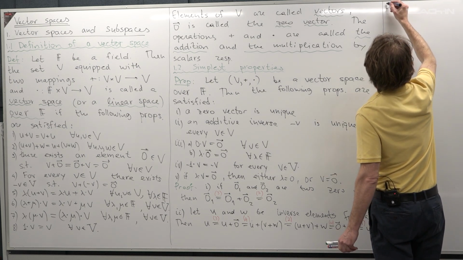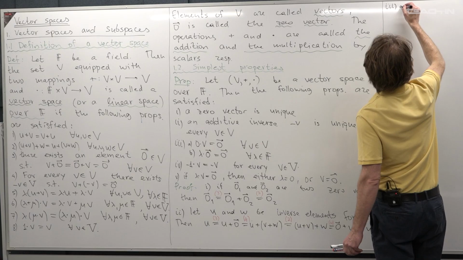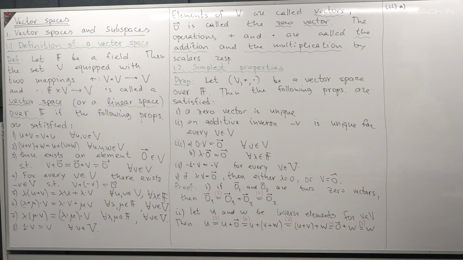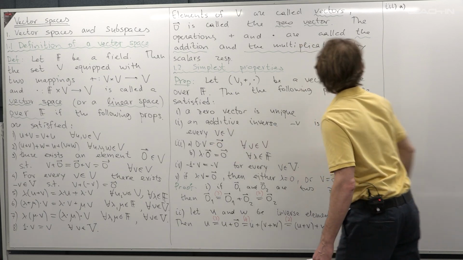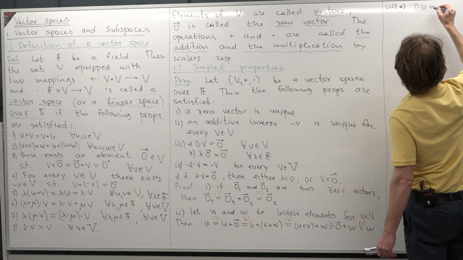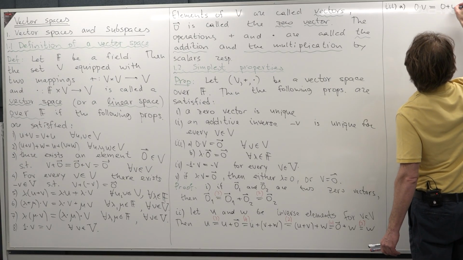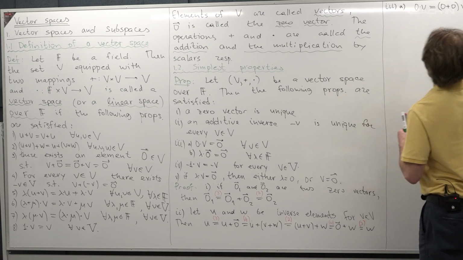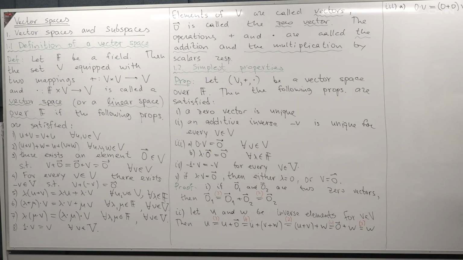3a. We're going to consider the element 0 multiplied by V. So 0 multiplied by V equals 0 plus 0 multiplied by V. It follows from the fact that 0 is the additive identity in the field.